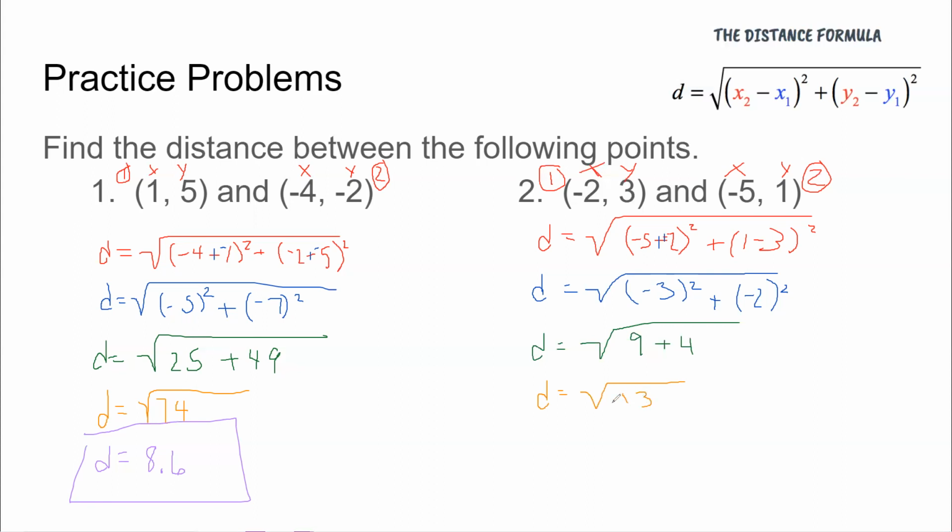So we're going to use our calculator to figure out what the square root of 13 is. So square root of 13 is going to give me 3.6. And so that's going to be my answer.